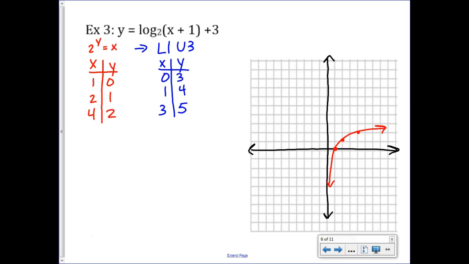And then when I've moved, (0, 3), (1, 4), and (3, 5). So if I've moved to the left 1, my new asymptote then is also going to be left 1. So it helps to draw that in as you're graphing. So that means domain, I can plug in anything greater than -1 all the way up to infinity, and range has no restrictions.